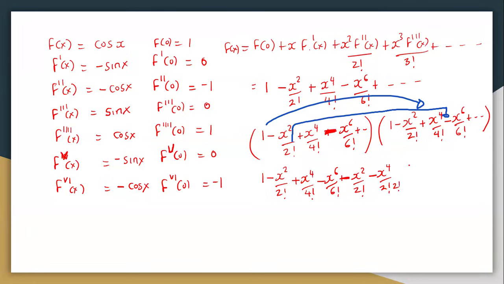This x squared multiplies the other term, which is going to be x squared times x power 4 out of the 2 factorial, the 4 factorial. This x squared multiplies the 6, which is x squared times x power 6 out of the 2 factorial, the 6 factorial. I go back. This x power 4 multiplies the 1. Now I'm having this x power 4 multiplying everything.